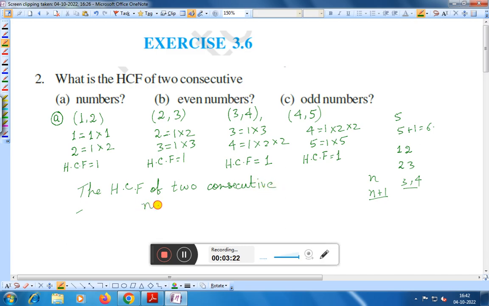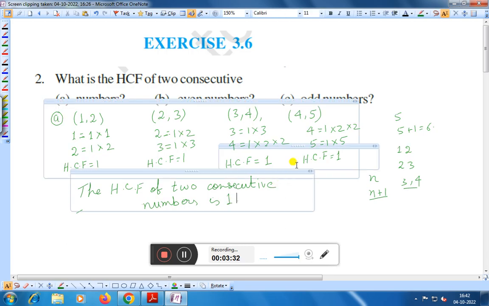This is the solution of question number A. Now we'll do question number B.